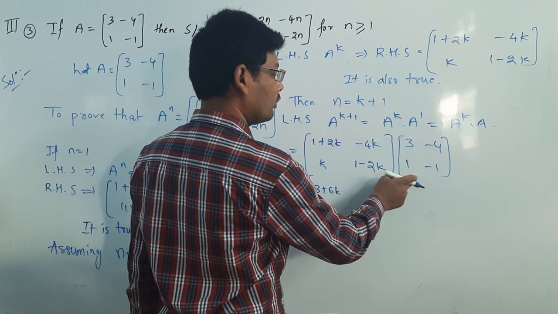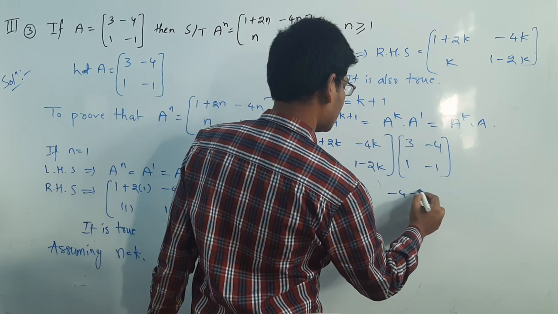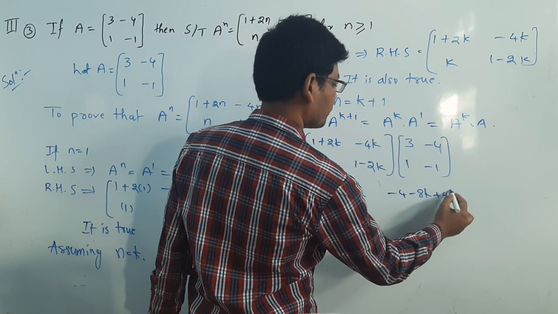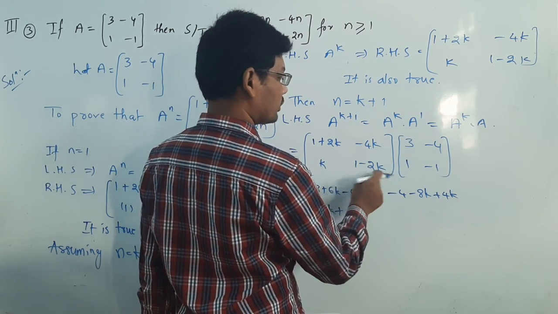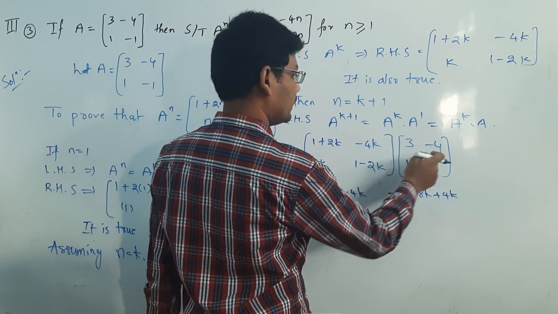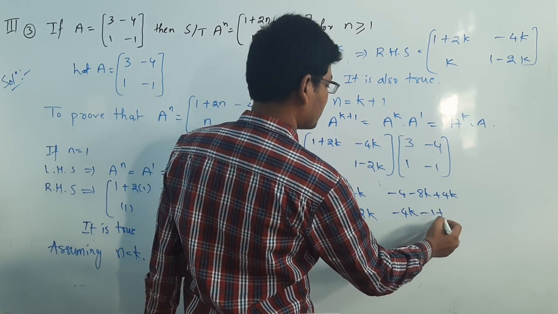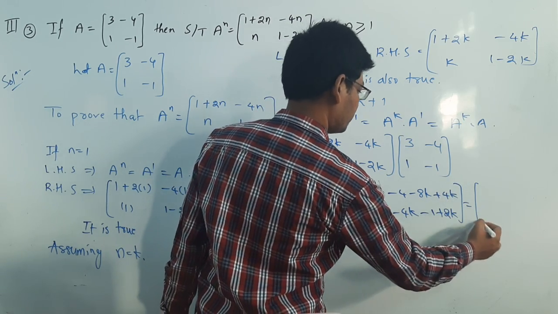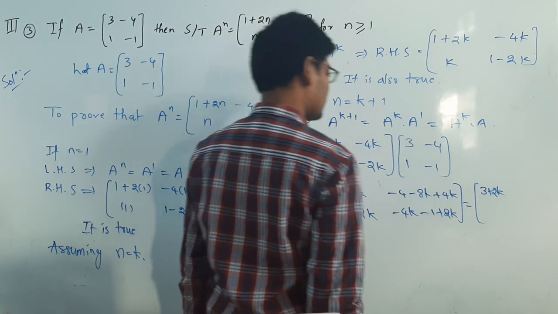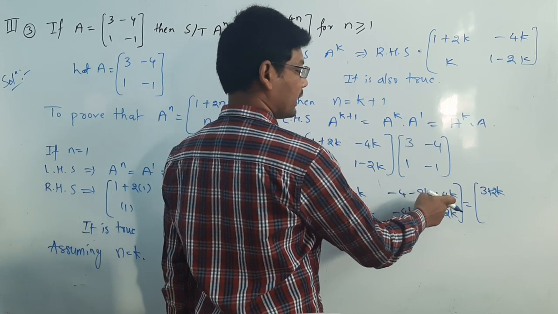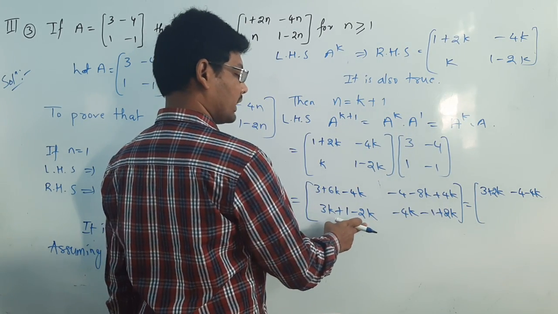First entry: 1 plus 2k into 3 is 3 plus 6k, minus 4k into 1 is minus 4k, so 3 plus 2k. Next, 1 plus 2k into minus 4 is minus 4 minus 8k, minus into minus becomes plus 4k, so minus 4 minus 4k. Then k into 3 is 3k plus 1 minus 2k into 1, so k plus 1.